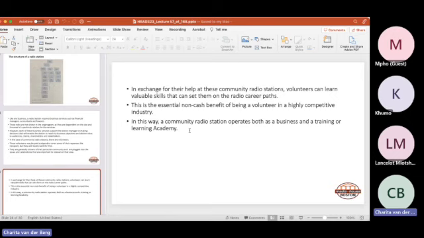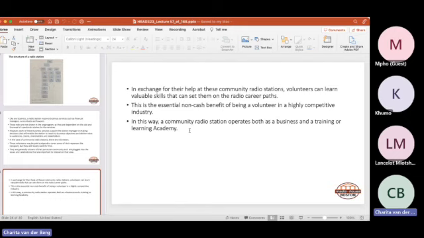In exchange for their help at these community radio stations, volunteers do learn very valuable skills that can set them on career paths. There's also a lot of freebies that you can get, like things that people give the radio station that they might not give away on air, and then we can give those to presenters, and tickets to festivals and things like that.